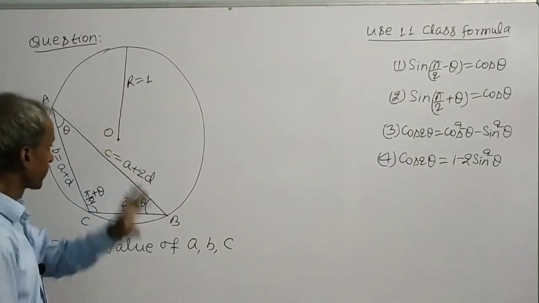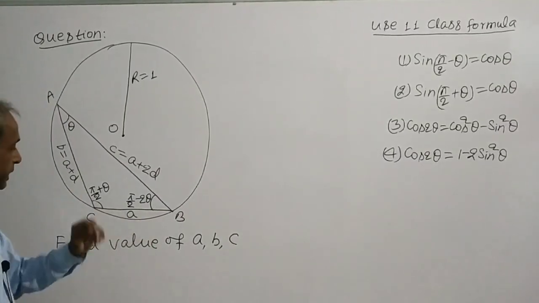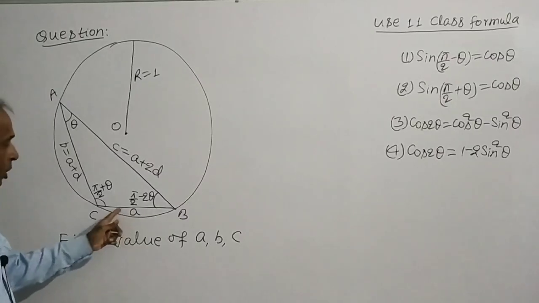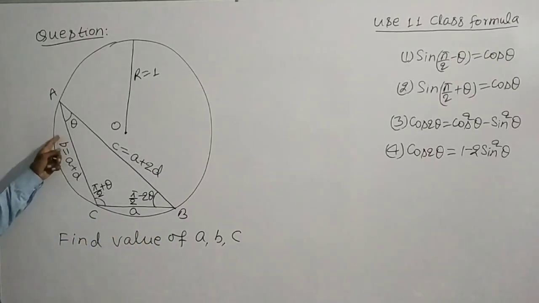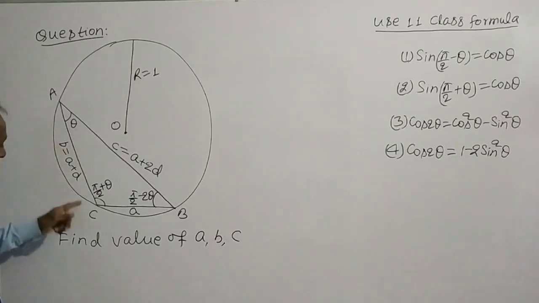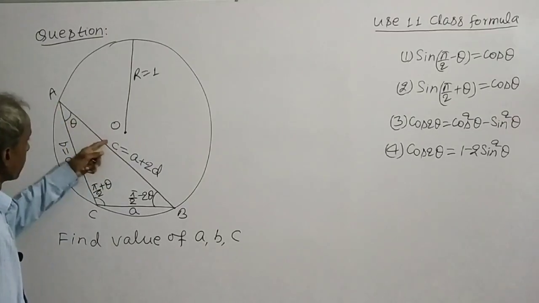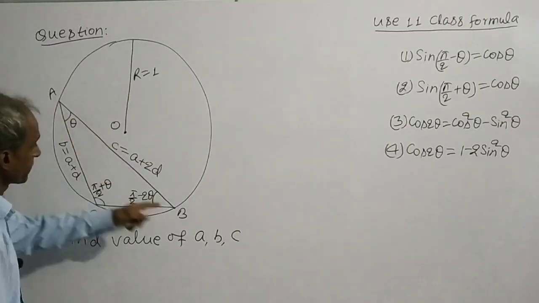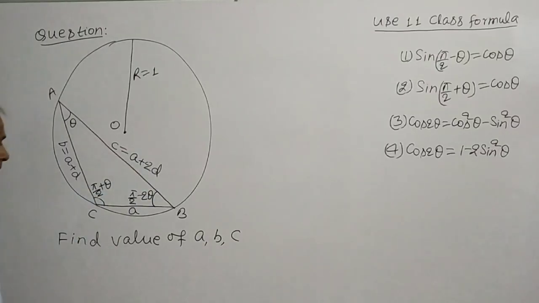This is the question. ABC is a triangle, small a is side length CB, small b is side length AC, and b is equal to a plus d. Side length c, this AB, is equal to a plus 2d.